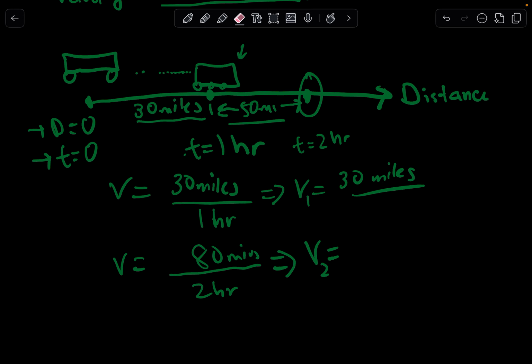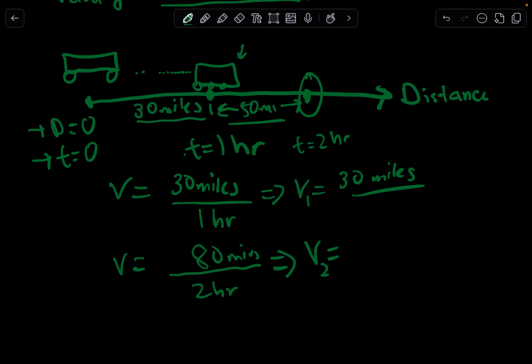For now we're just going to call it average velocity, but in reality it wasn't a constant velocity, it's the average velocity.